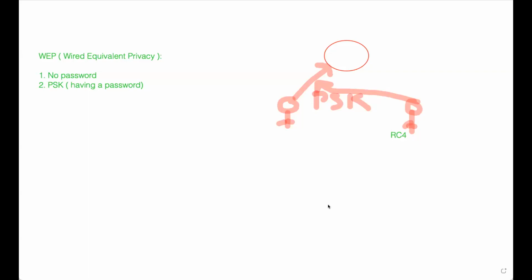So that's why they came up with WPA, which is Wi-Fi Protected Access. It uses a better algorithm called TKIP, the Temporal Key Integrity Protocol.